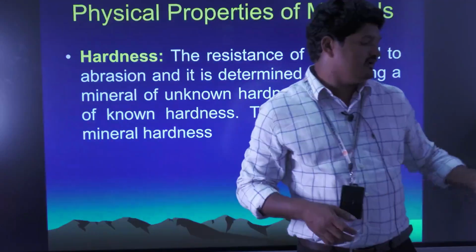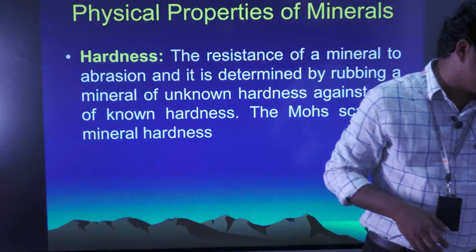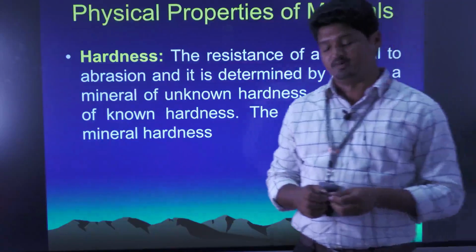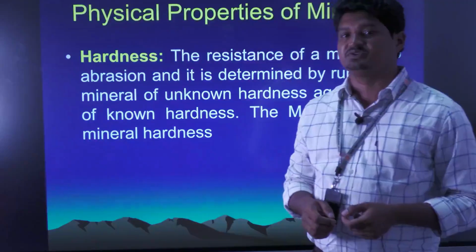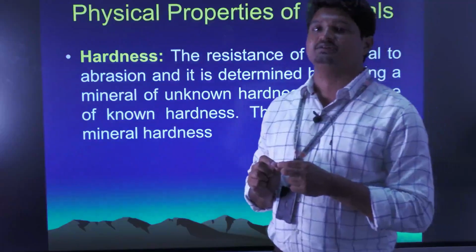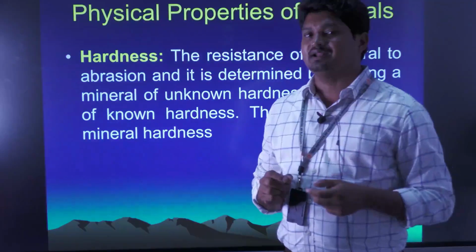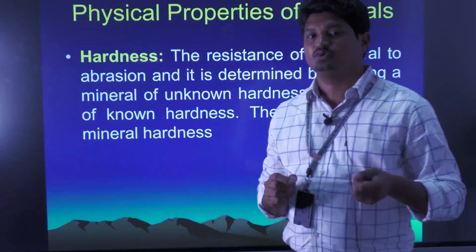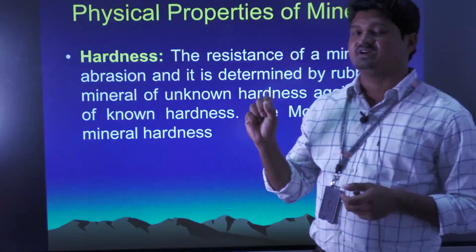If a hardness box is not available in the lab or for field purposes, our nail hardness is less than 2.5, so for minerals with hardness less than 2.5 we use our nail.